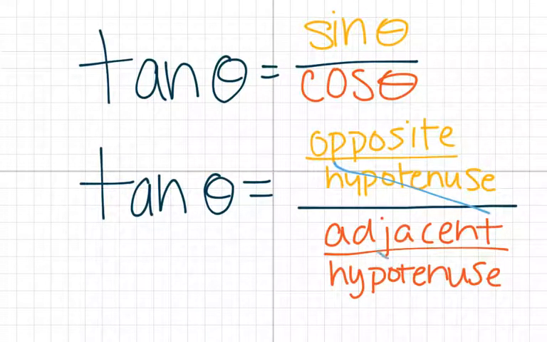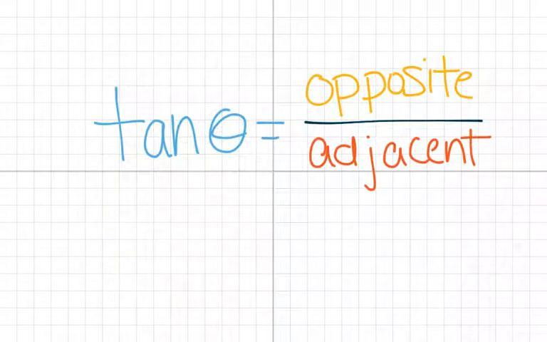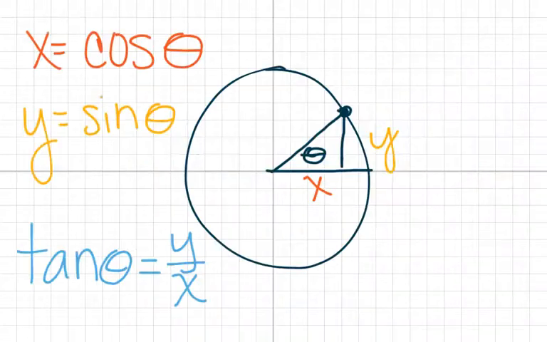We can simplify this, and we get that tangent of theta is equal to opposite over adjacent. So coming back to our unit circle, for our angle theta here, tangent is equal to our opposite side, which is y, over our adjacent side, which is x.